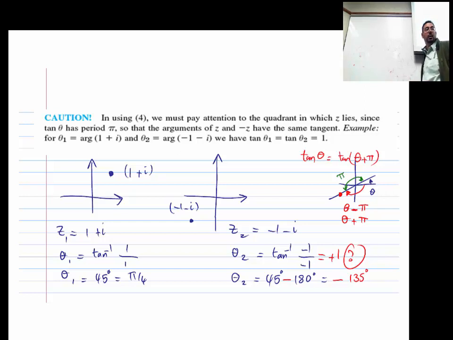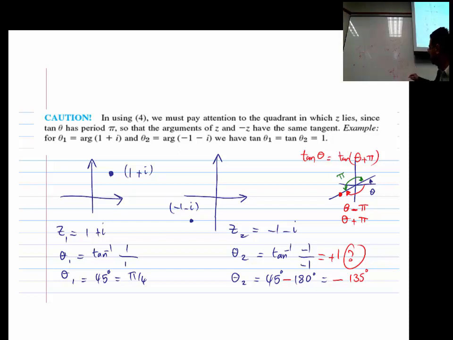Do you only have to work between 0 and 360 or 0 to 2 pi? No, you can go from 0 to pi and 0 to minus pi. That's fine too. And so that's why it is okay to say minus 1.03 rather than saying, let me add 2 pi to this. Does this make sense?